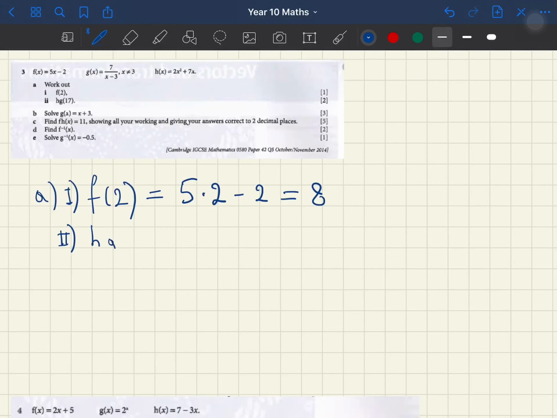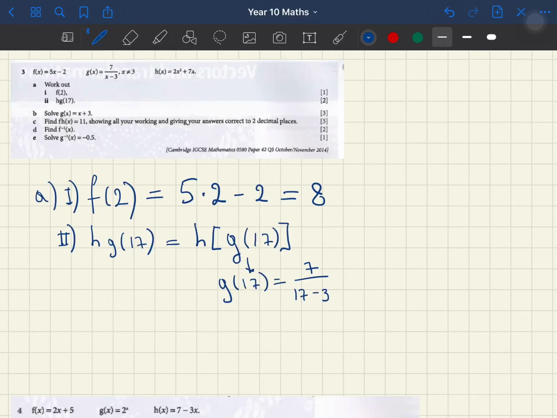Right, hg of 17 would be equal to h of g of 17. And here we can find g of 17 by doing this. G of 17 equals 7 over 17 minus 3, which would be equal to 7 over 14, which is 1 over 2.